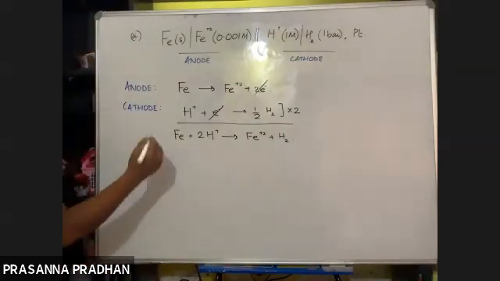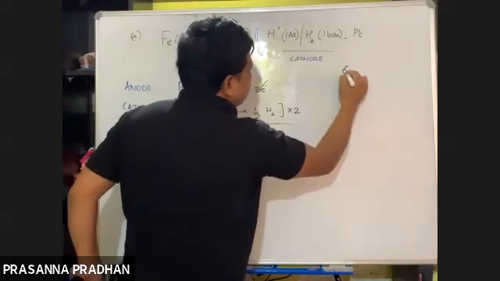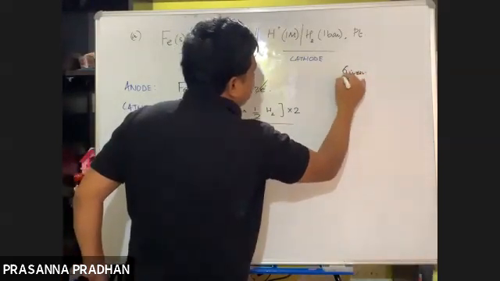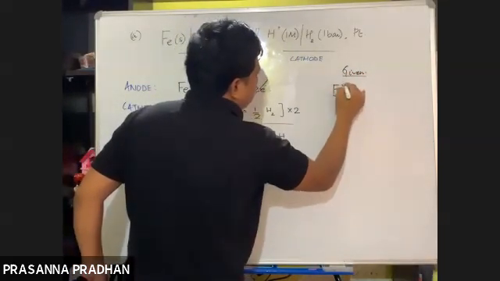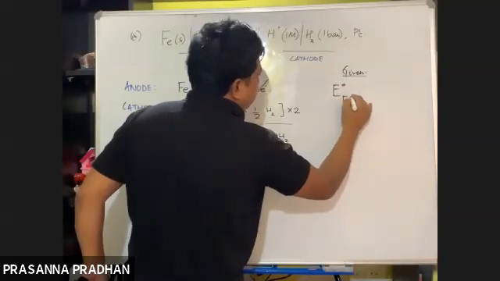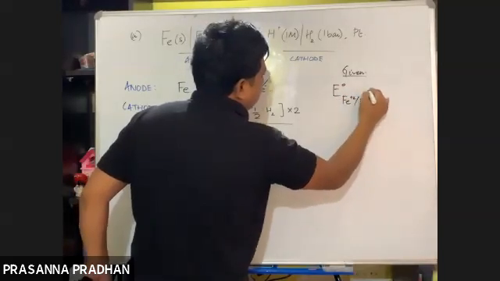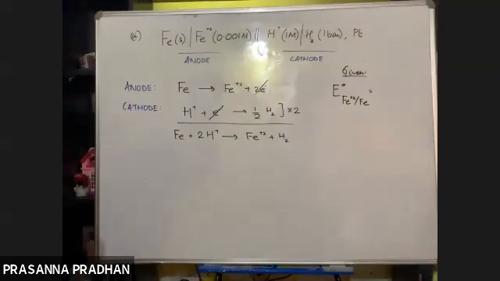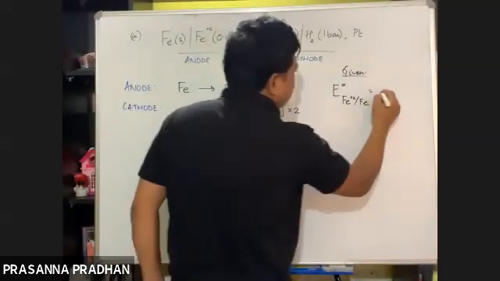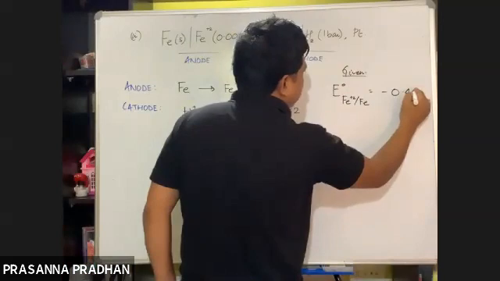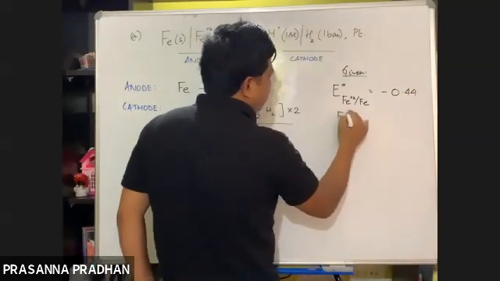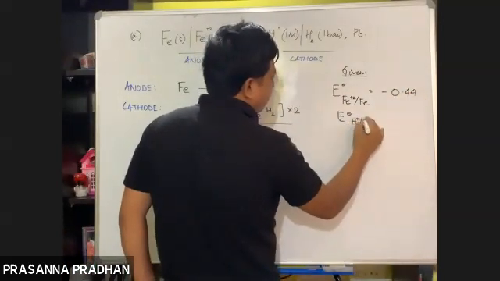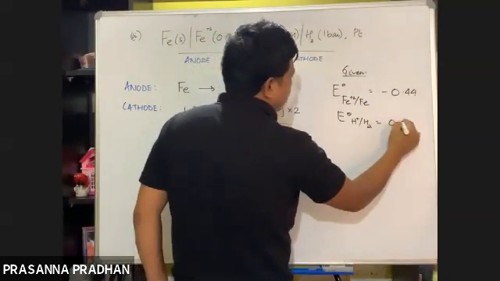Now, what will be the Nernst equation? First, E naught, the reduction potential of this iron, is going to be minus 0.44. And the reduction potential of the hydrogen electrode, we already know, is 0.